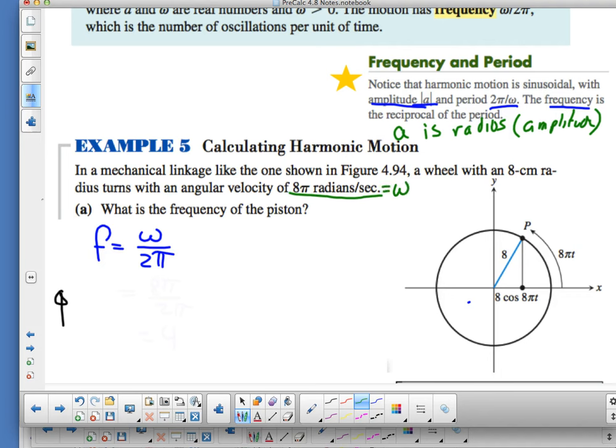Okay, and if I'm looking at this, I'm talking about my radius, which equals a, which also happens to be 8 here. And then I have my omega. Now the piston makes 4 back and forth motions per second.